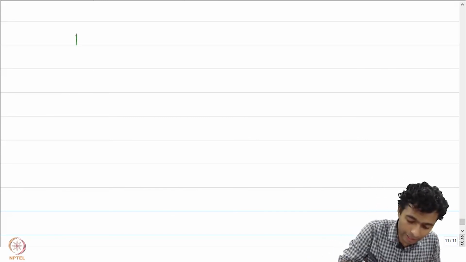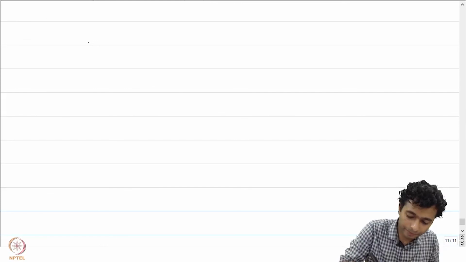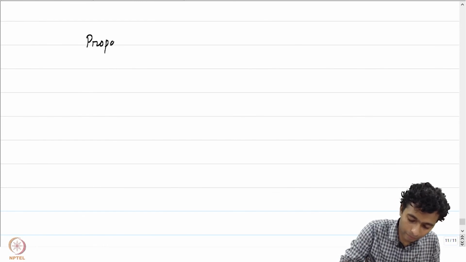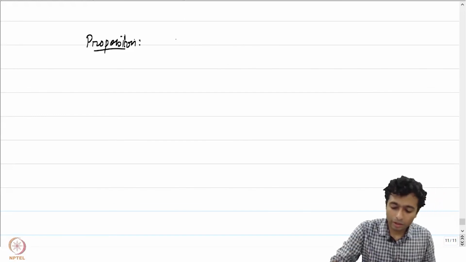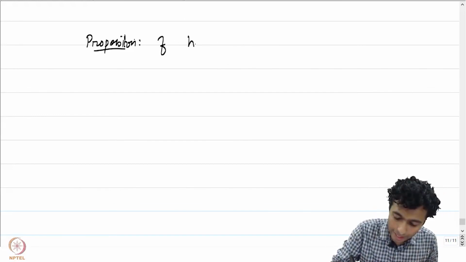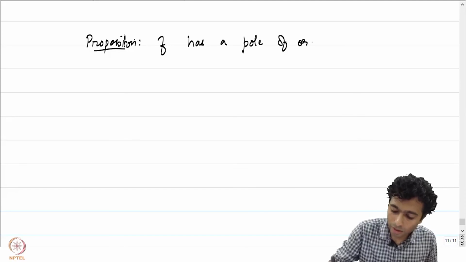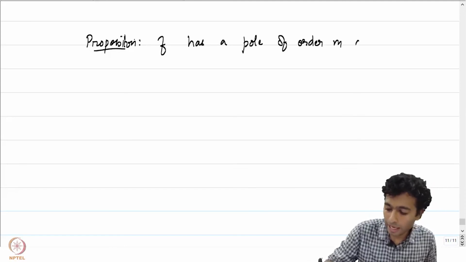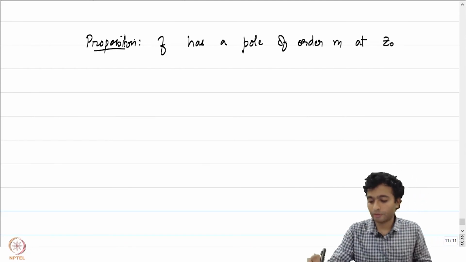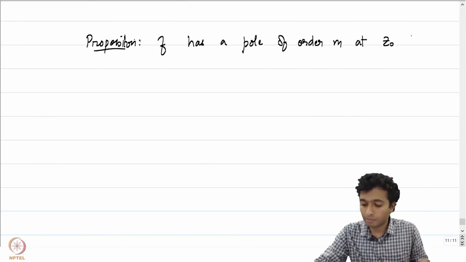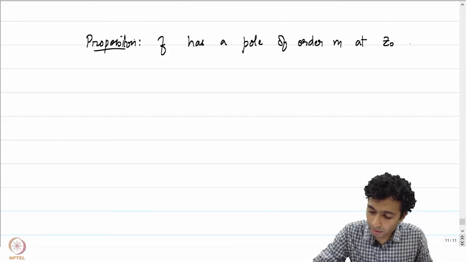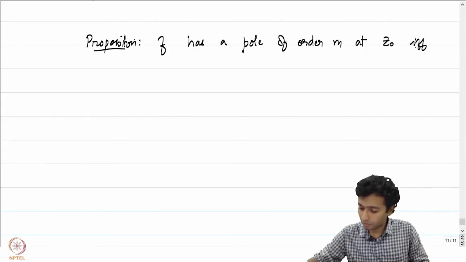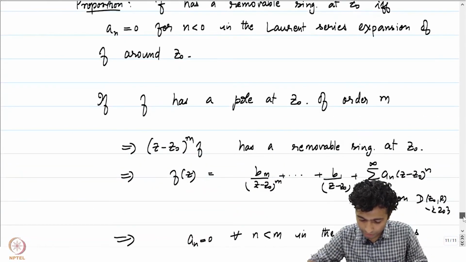So, let me just write that down as a proposition as well. f has a pole of order m at z0, where m is some positive number, if and only if... So, maybe I should be a little careful when I wrote this here.